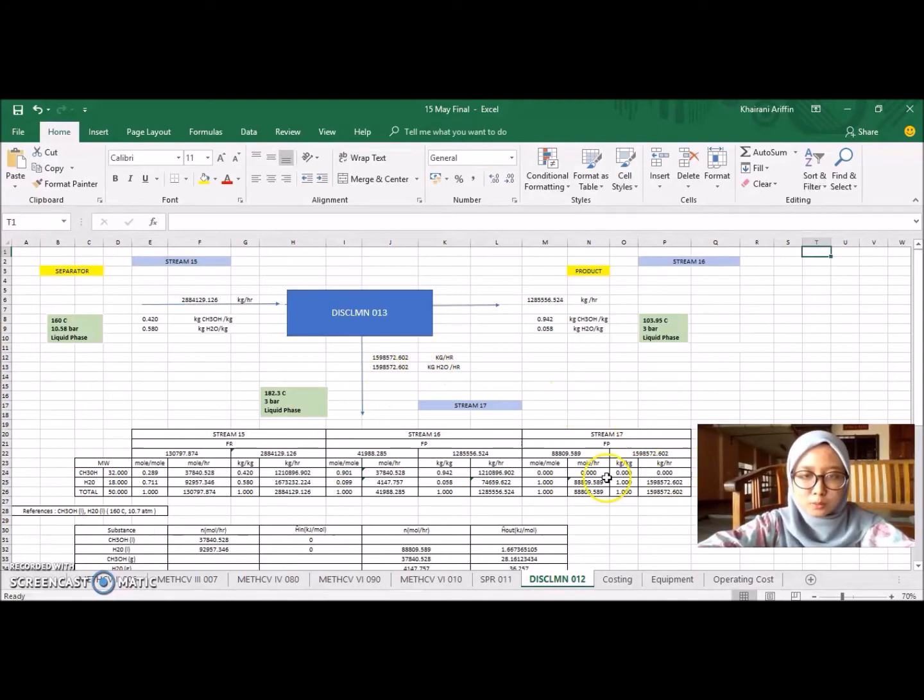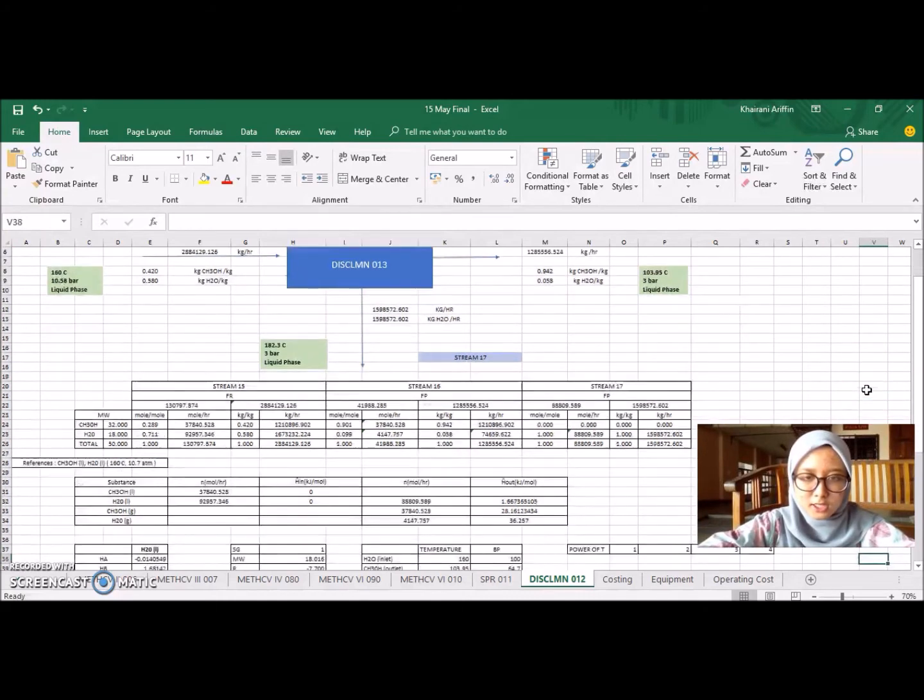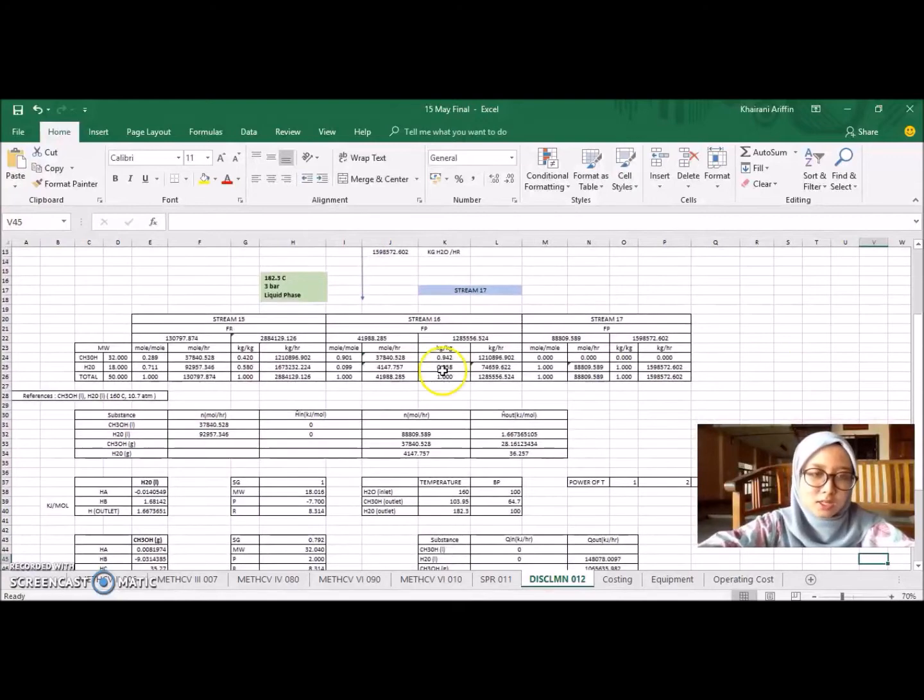Okay, this is our material balance that we did last semester. Next, this is our energy balance. We use the reference for energy balance is methanol in liquid and water in liquid at 160 Celsius and 10.7 atm.